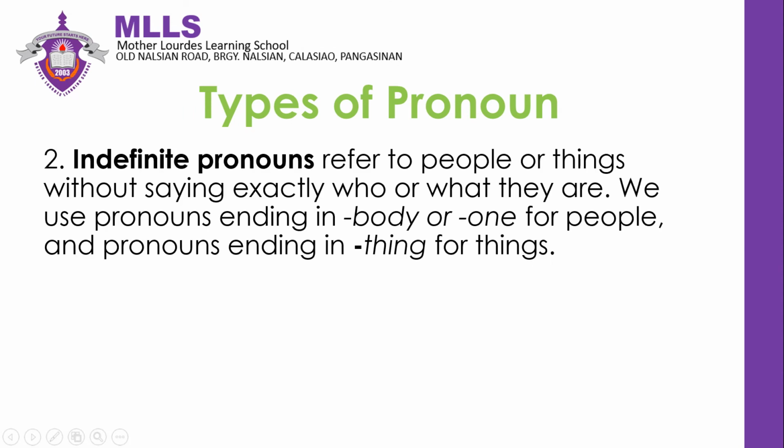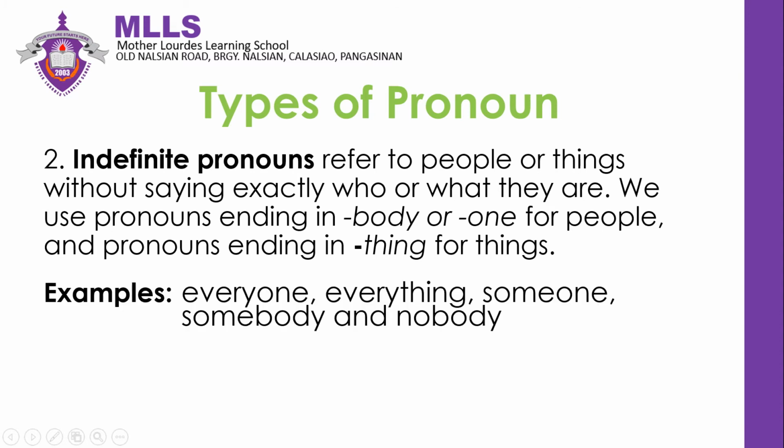Number 2. Indefinite pronouns refer to people or things without saying exactly who or what they are. We use pronouns ending in body or one for people and pronouns ending in thing for things. Examples: everyone, everything, someone, somebody, and nobody.